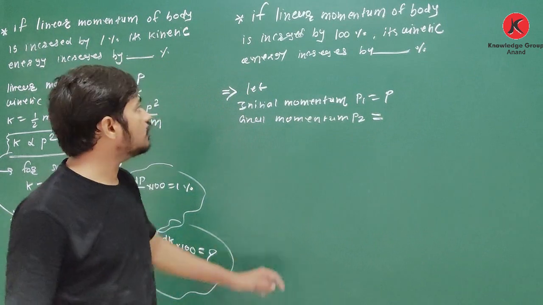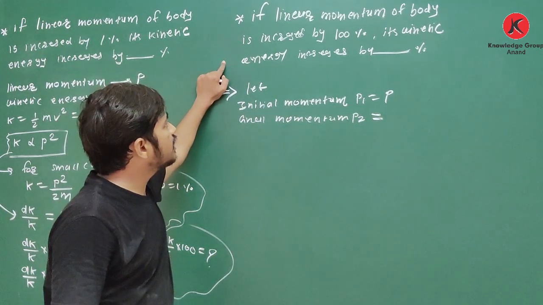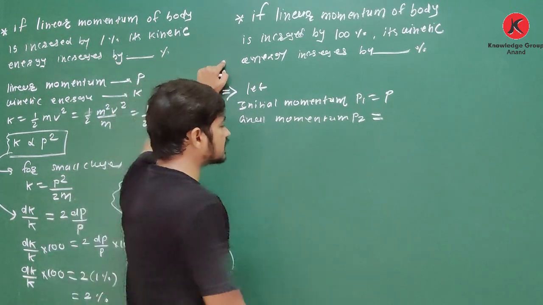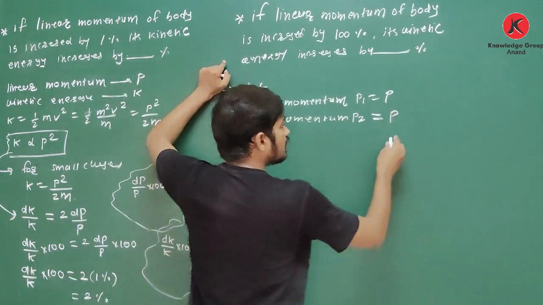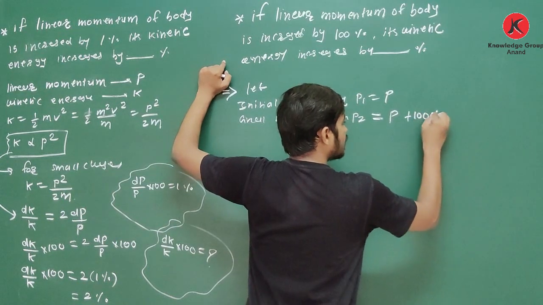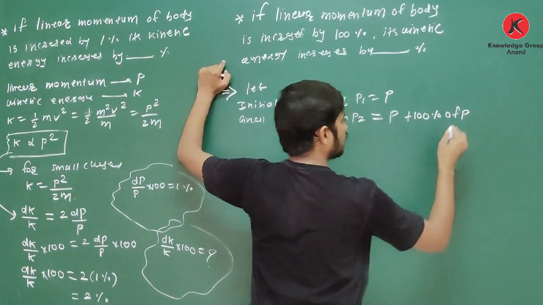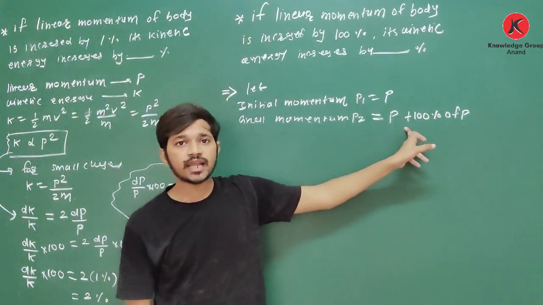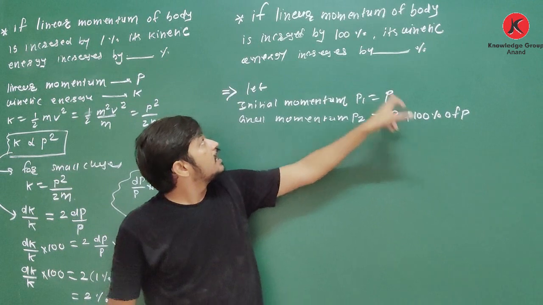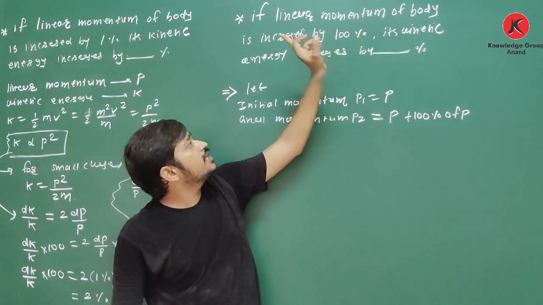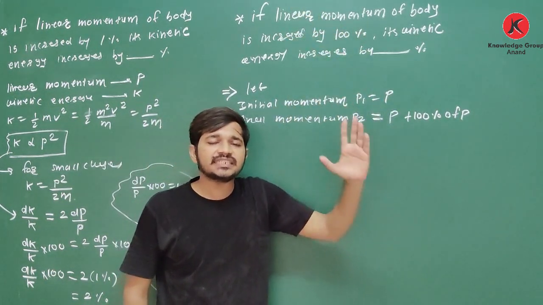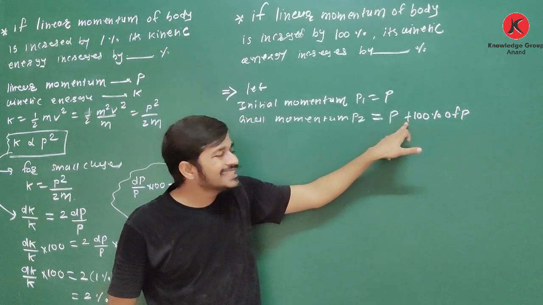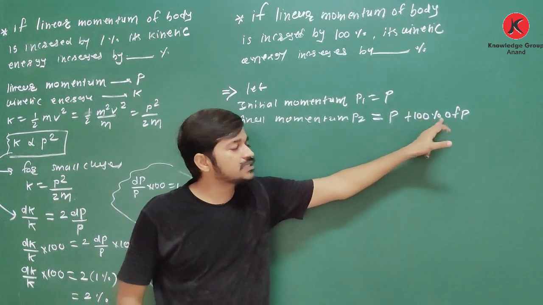Now understand the meaning: if linear momentum is increased by 100%, it means the initial is P and it is increased by 100% of P.